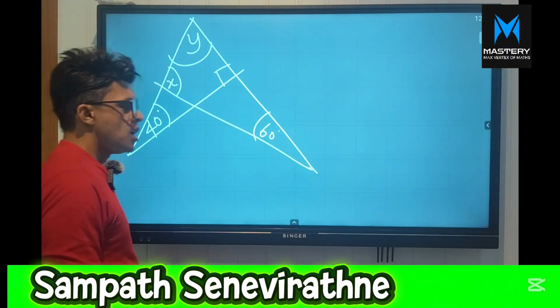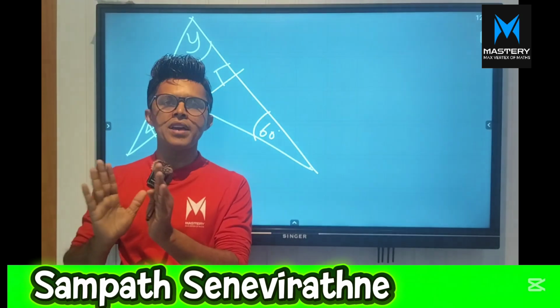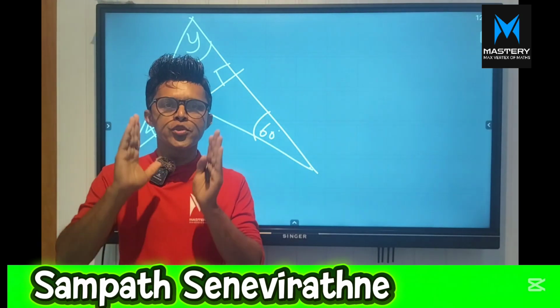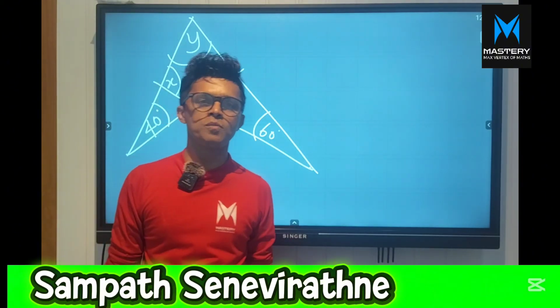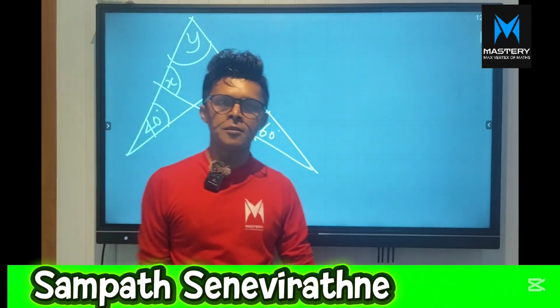In terms of getting the values of x and y, first of all you must get the value of y, otherwise you won't be able to get the value of x. The reason I'll show you. Just observe closely. There are two triangles here.